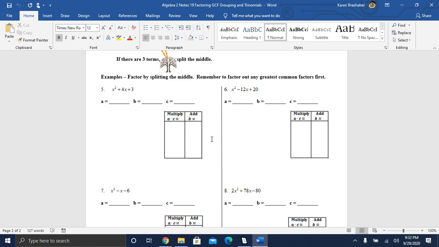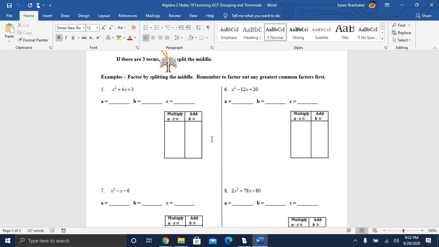I'm going to start off by introducing you to a little bit new idea. We have x squared plus 4x plus 3 as our first problem. We're going to consider the coefficient in front of the x squared and call it a.